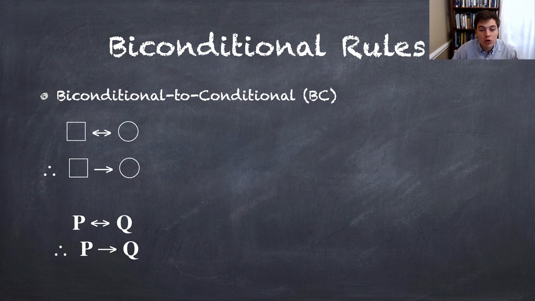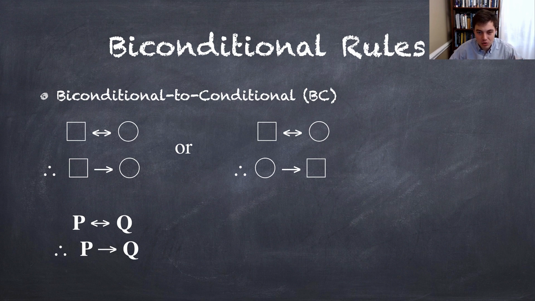And so, of course, if you know P if and only if Q, you can conclude that if P, then Q, because P if and only if Q is kind of hiding within it already those two conditionals. And so, likewise, you could cite the very same rule, BC, to conclude if Q, then P.